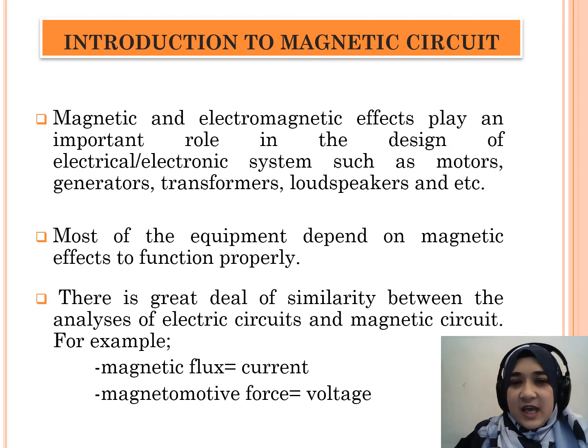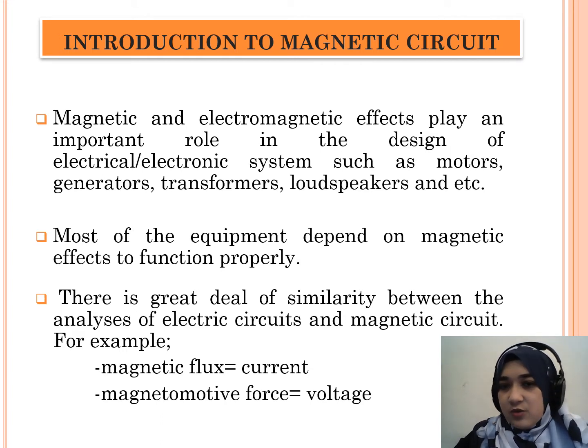Magnetic and electromagnetic effects play an important role in the design of electrical or electronic systems. So to design all electrical and electronic systems, we need both magnetic and electromagnetic effects. Most equipment depends on magnetic effect to function properly, and there is a great deal of similarity between electric circuit and magnetic circuit.